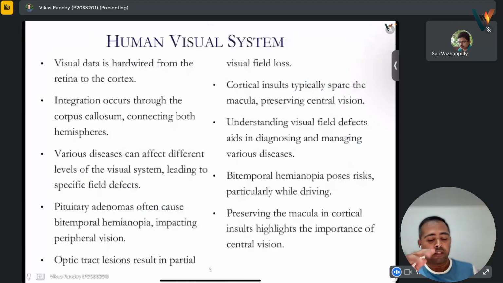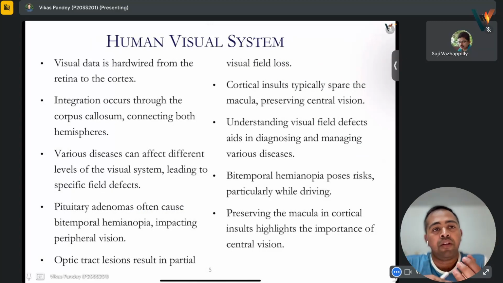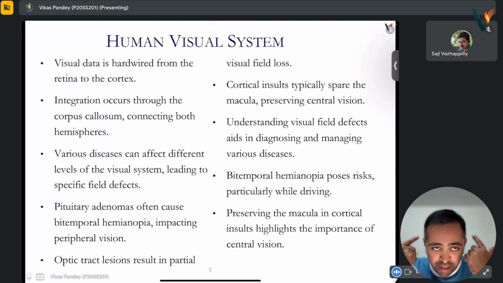Then the next section that was discussed in the lecture was the human visual system. We can say that the visual data from our eyes is hardwired from the retina to the cortex. They transmit from the retina to the cortex.